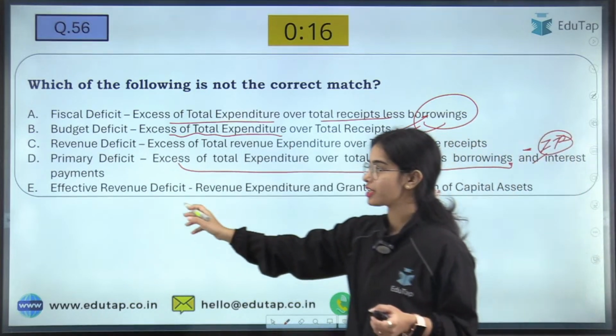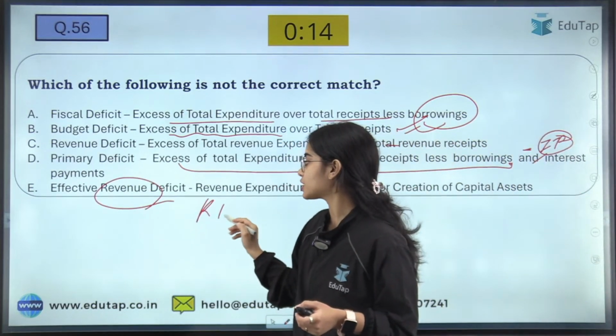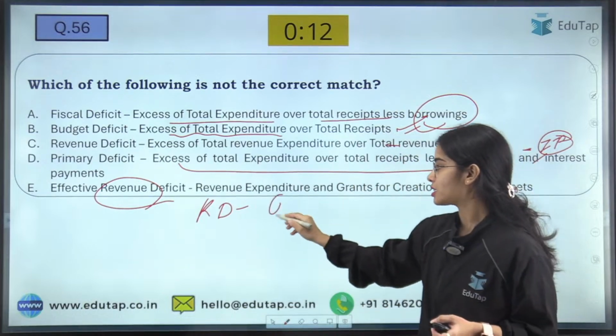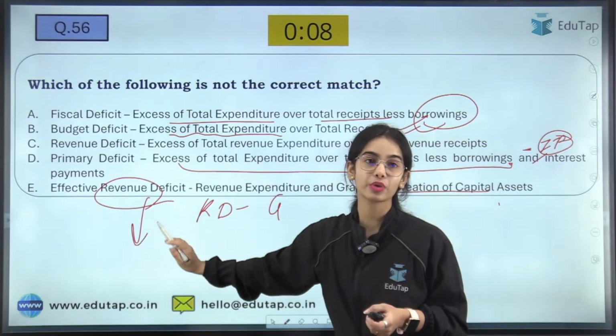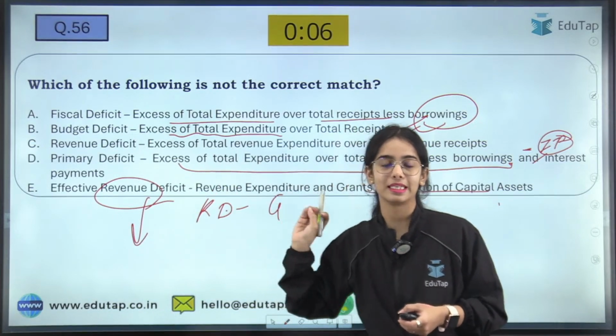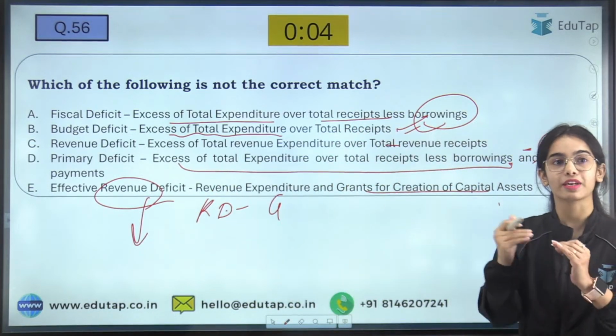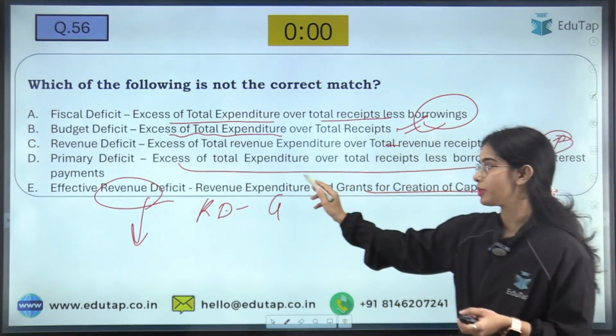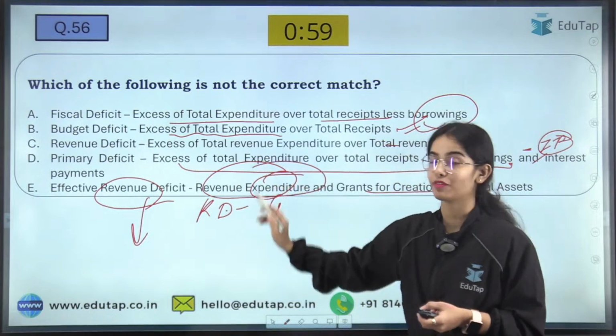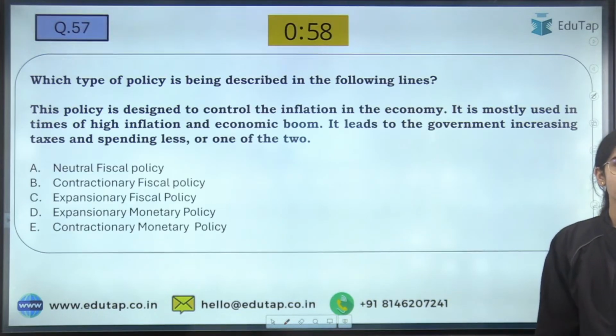Just the effective revenue deficit is your revenue deficit minus the grants for the creation of capital assets. So the effective revenue deficit will be the answer. Yes, E is the answer here: revenue deficit minus the grant for the creation of capital assets. It should not be expenditure, it should be the revenue deficit in total. So E is the answer here.